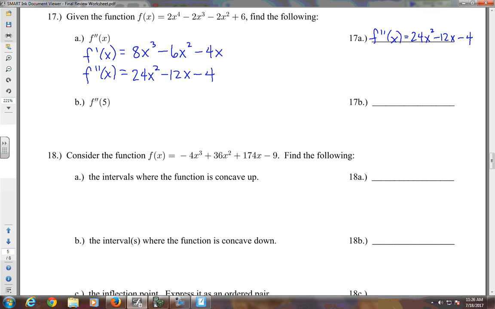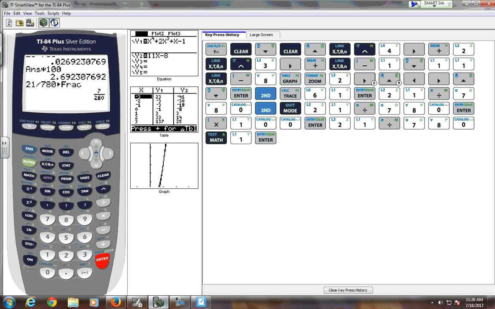Part B says find f double prime of 5. I just have to interpret this notation. It says go to the second derivative and plug in 5. So everywhere I see an x, I'm going to replace it with 5. And then calculate. Now feel free to pop this stuff into your calculator.